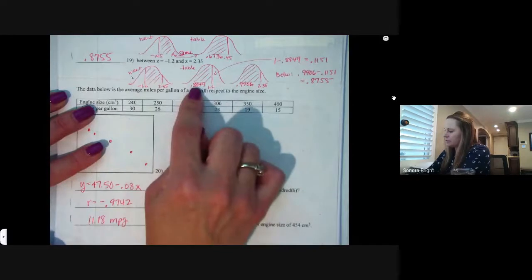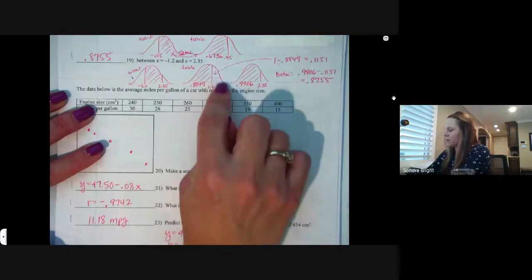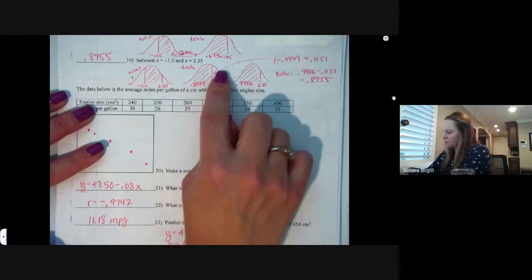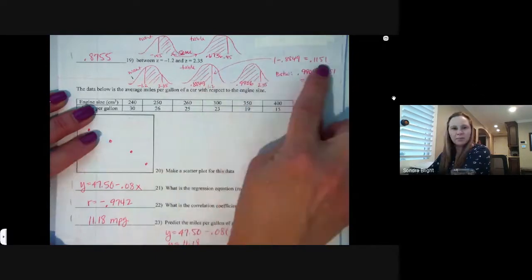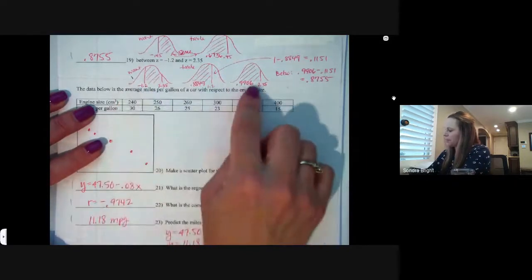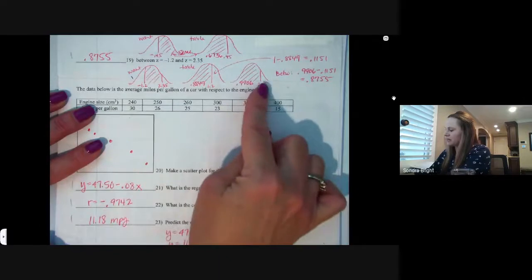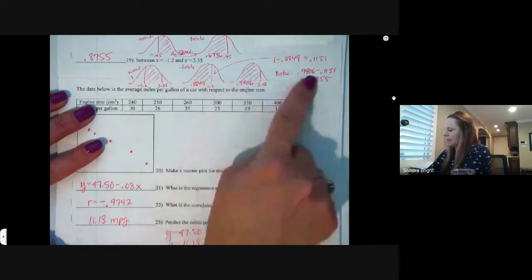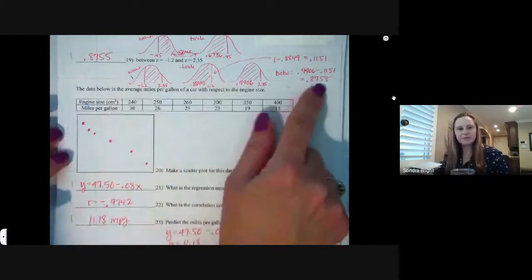I found what's this area to the right by doing 1 minus that, which gives me 0.1151. So this white area here is the 0.1151, and it matches the white area to the left of here. And so the area from 2.35 all the way to the left is 0.9906. Subtract from it this white area here, and I get 0.8755. Again, you may have done it in a different way, totally fine.